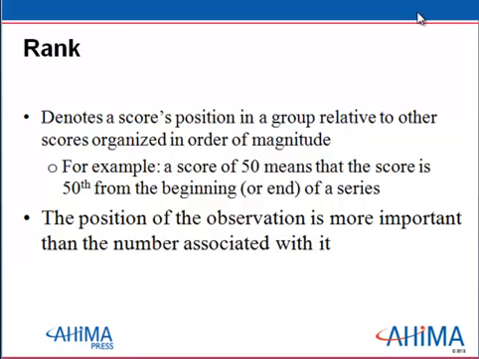The number of scores in a sequence is important in determining the significance of a rank. If there are only 60 scores, for example, a rank of 50th is interpreted very differently than if there had been 1,000 scores. In ranked data, the position of the observation is more important than the number associated with it.